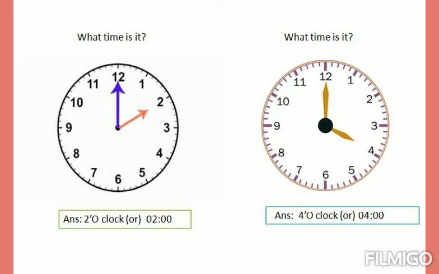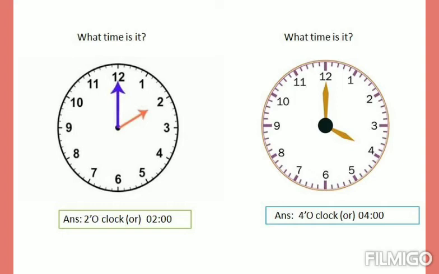When you write the hours, please consider it as a 2-digit number. If it is 2, you write 02, then it becomes a 2-digit number. And while writing the minutes also, you have to write them as a 2-digit number. If it is 5, you have to write 05. If it is 10, you can write 10, as that is already a 2-digit number.